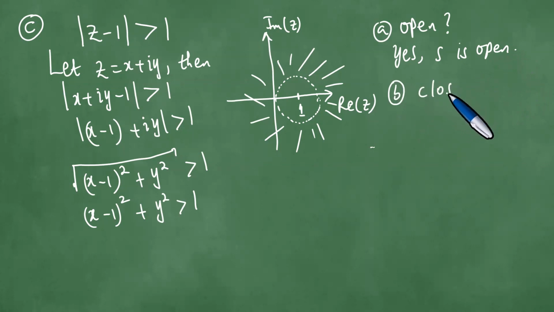B, we ask the question, is it closed or not? Well, a set is closed if its complement is open. So what is the complement of this? The complement is taking the boundary and also the interior, and clearly this is closed.